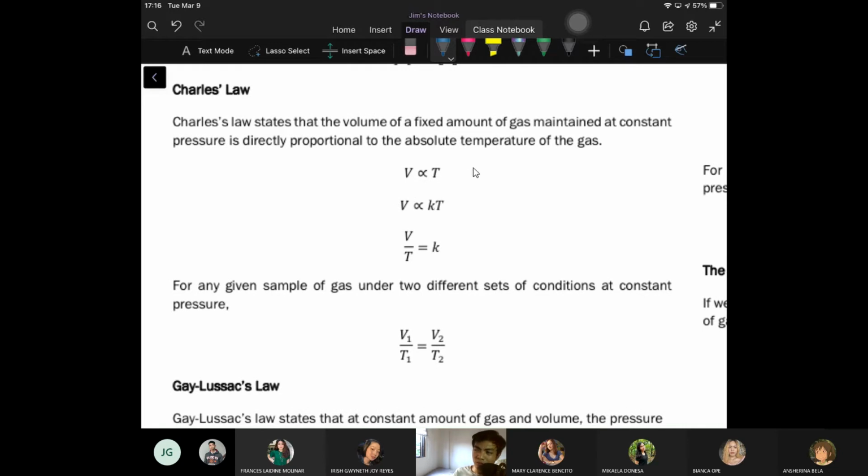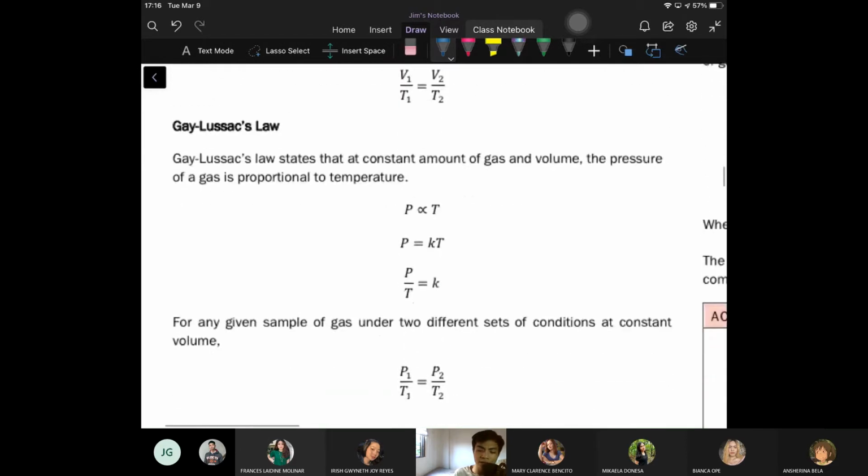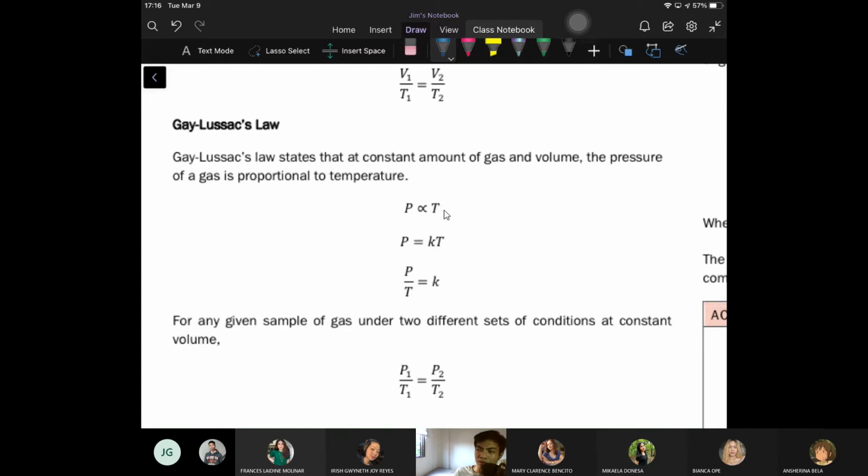So, that means pag tumaas yung volume, tataas yung temperature. Pag bumaba yung volume, bababa yung temperature usually. Okay? So, that's the Charles law. Or in equation, that's V1 over T1 equals V2 over T2. Then we have the Gay-Lussac law. The pressure is directly proportional to temperature. So, increasing the temperature increases the pressure. Okay? So, we get the final equation P1 over T1 equals P2 over T2.